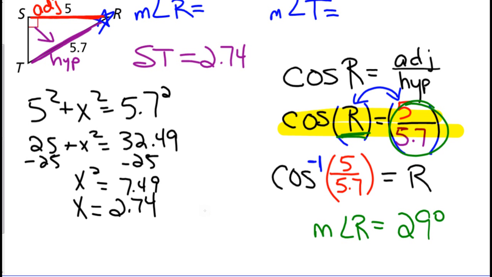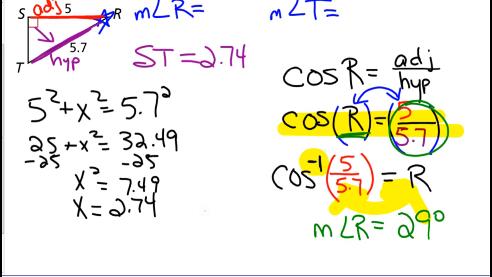When you plug things in, you're only going to have numbers on the right side, and that causes your entire fraction on the right and your letter for your angle on the left to swap places. Then when you enter it in your calculator, you definitely have to remember to hit the second button so you get your cosine to the -1. It's called the inverse cosine.